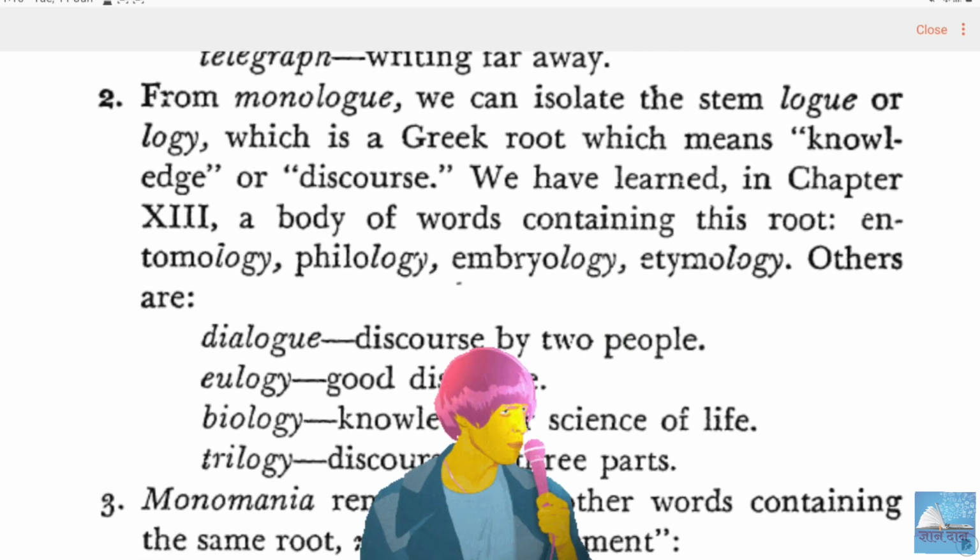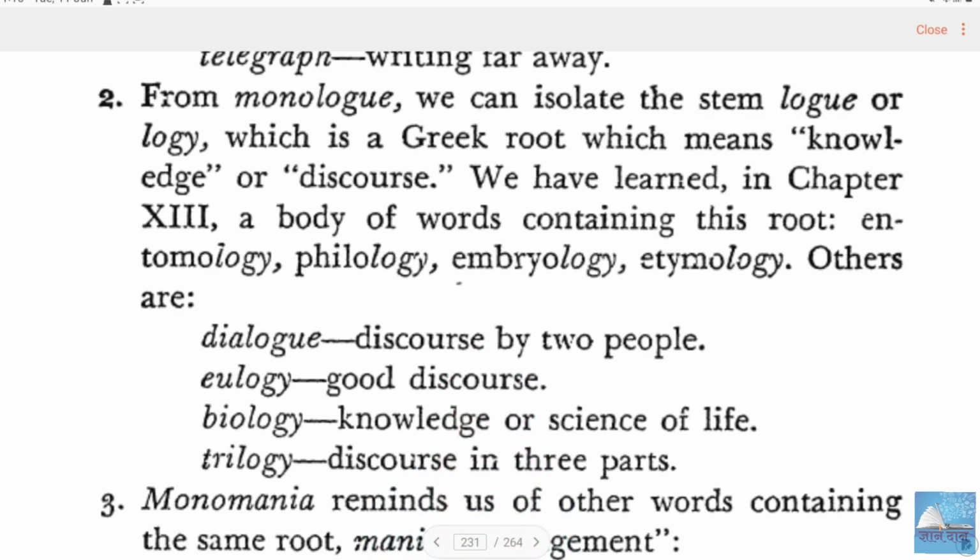Number 2. From monologue, we can isolate the stem log or logi, which is a Greek root which means knowledge or discourse. We have learned that in chapter 13, a body of words containing this root: etymology, philology, embryology, entomology.